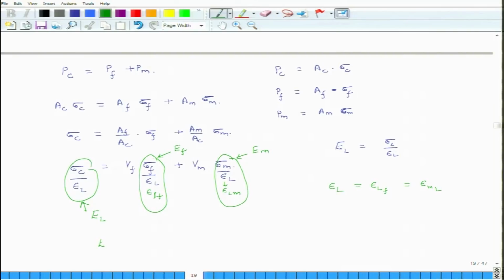So, EL equals EF VF plus EM VM. So, this is the relation between volume fractions and moduli of the fiber and matrix and the overall modulus of the composite in the L direction.